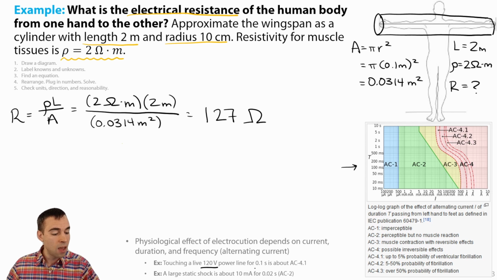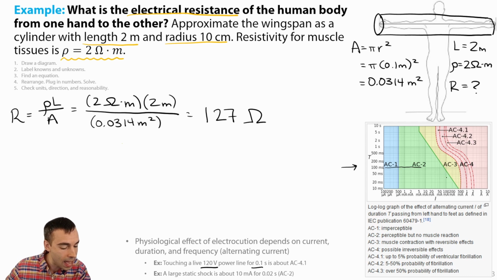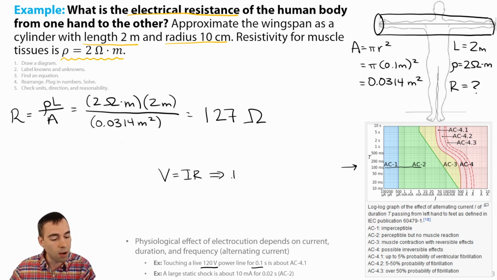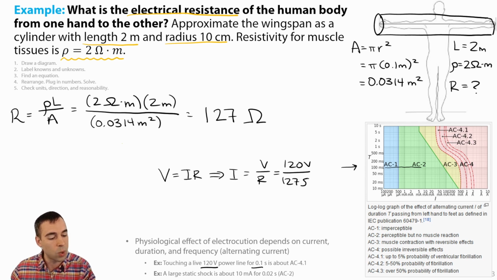If you touch that for 0.1 seconds, from the graph, we can see 0.1 seconds at about 120 volts. Well, if we use Ohm's law and say V is equal to IR, we can figure out that the current is equal to V divided by R. So it would be like 120 volts passing through a sample with a resistance of 127 ohms.